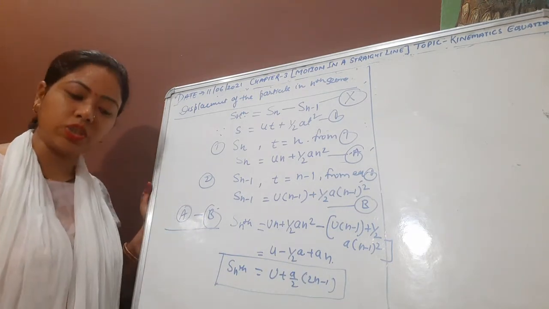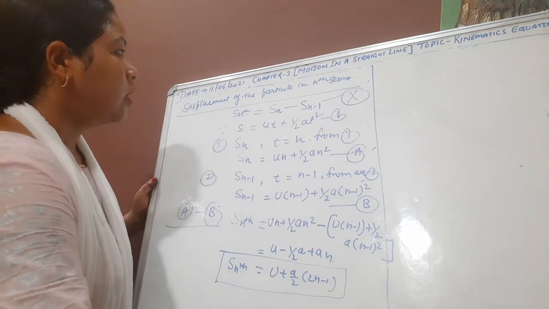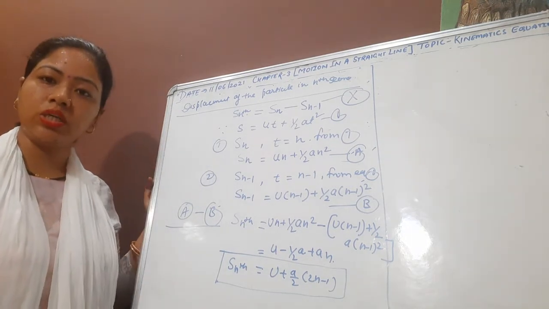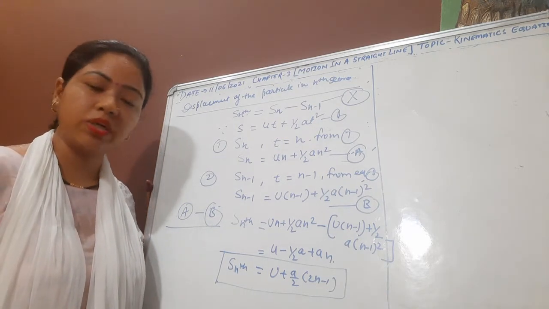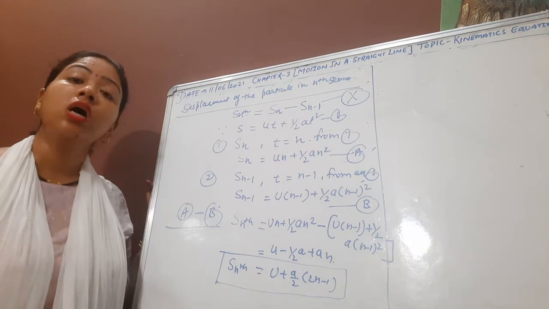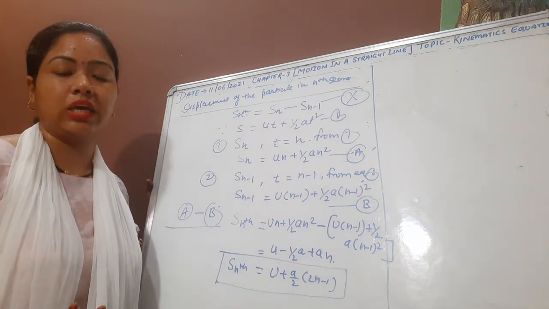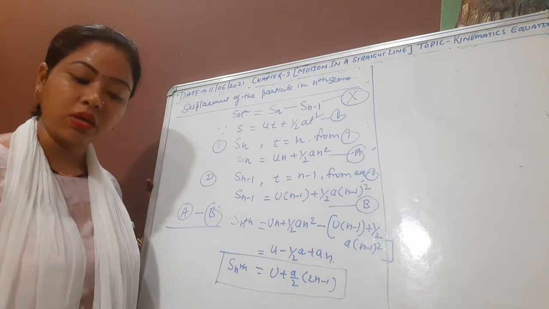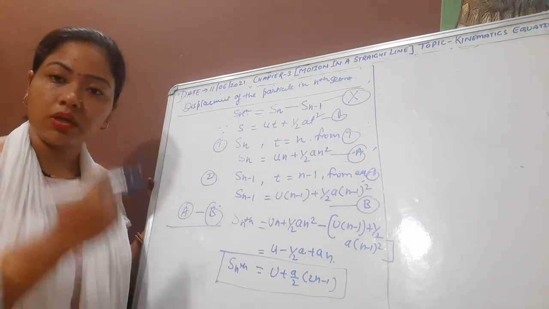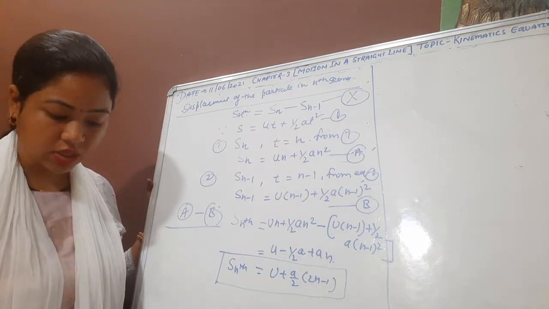So this is the equation for the Snth second, right children? Now these are the 4 equations of motion. 3 equations of motion we generally have in class 9th also, but this is the additional or 4th equation of motion that gives us the displacement of the particle in any second during the journey, right? So this is all about the kinematic equations of motion, right children?